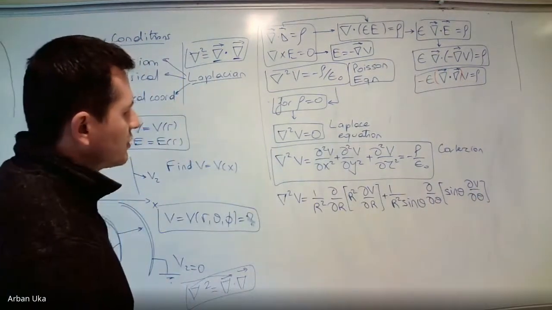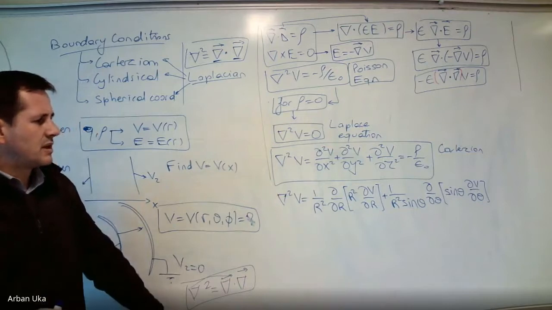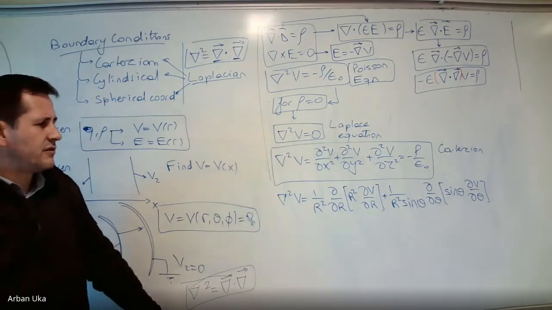So we find the space derivative with respect to r, the space derivative with respect to theta, and we also have the third orthogonal coordinate, which is the angle phi.